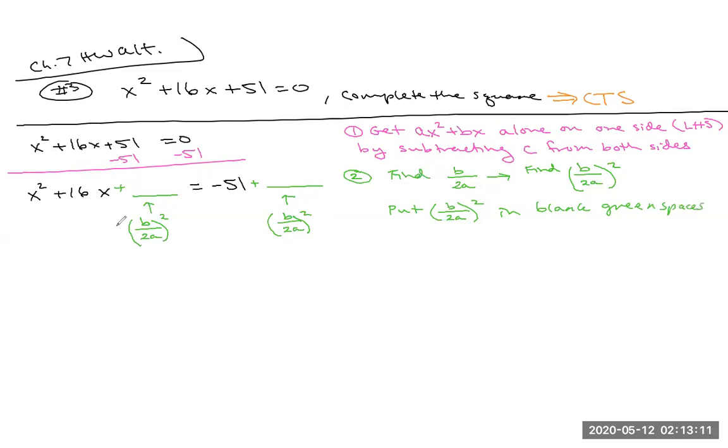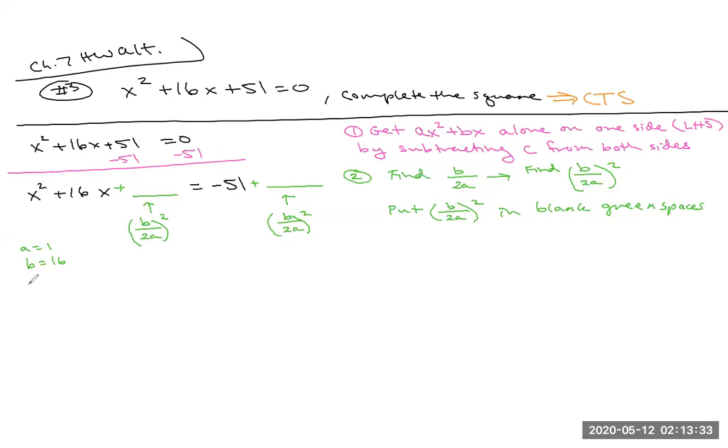Okay, so let's do that right here. B is equal to 16, A is equal to 1. We're going to see that for our process, we always will want to factor down so that we have x squared as our leading term, not some coefficient in front, but just wait on that part.